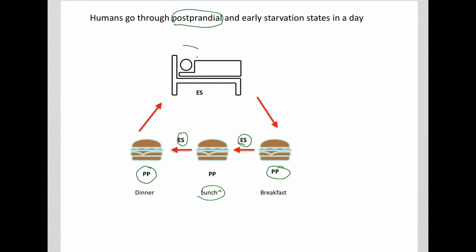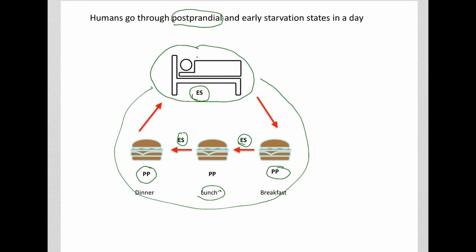And when you're sleeping for hopefully 8 hours, you are in an early starvation state. So we basically cycle through postprandial and early starvation states during a day.